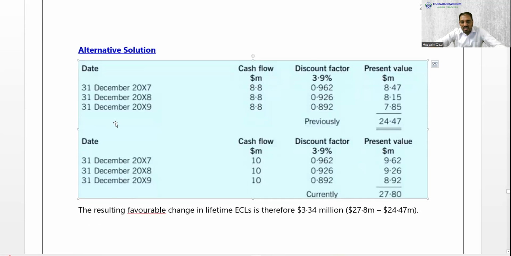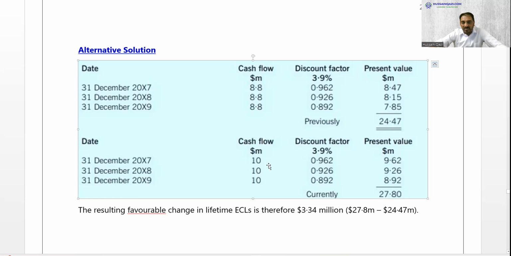Let me explain the alternative. Alternative here means at end of 31st December X6, you need to calculate the value with the original amount. What if the company will collect the original amount 8.8 and discount with 3.9, so value equals 24.47.